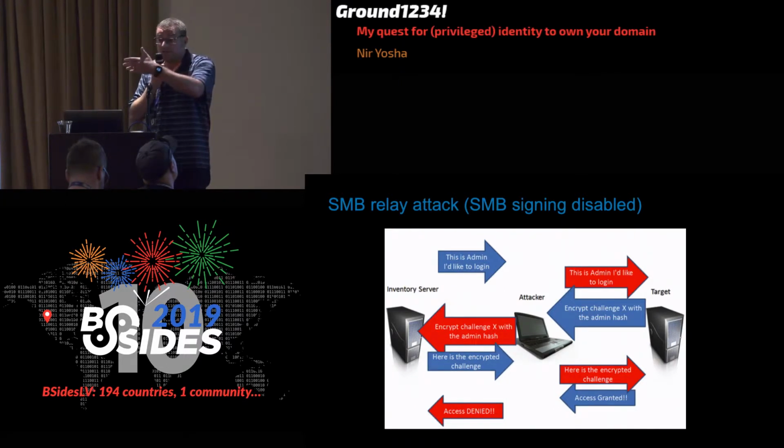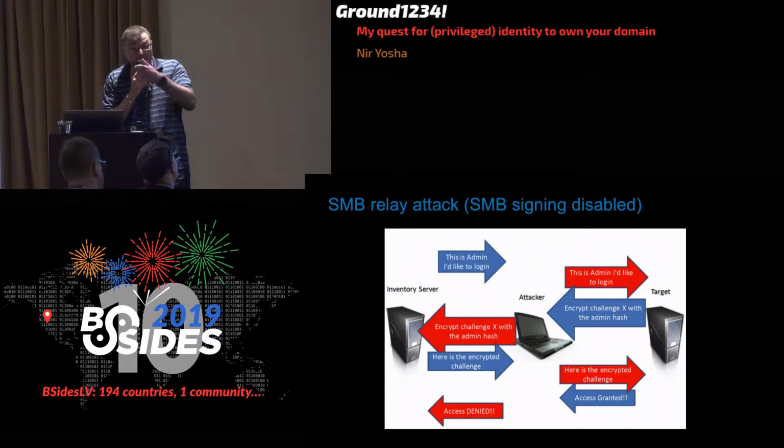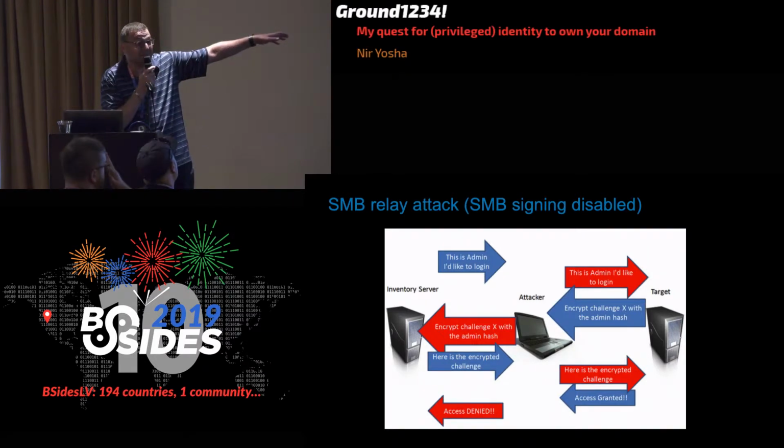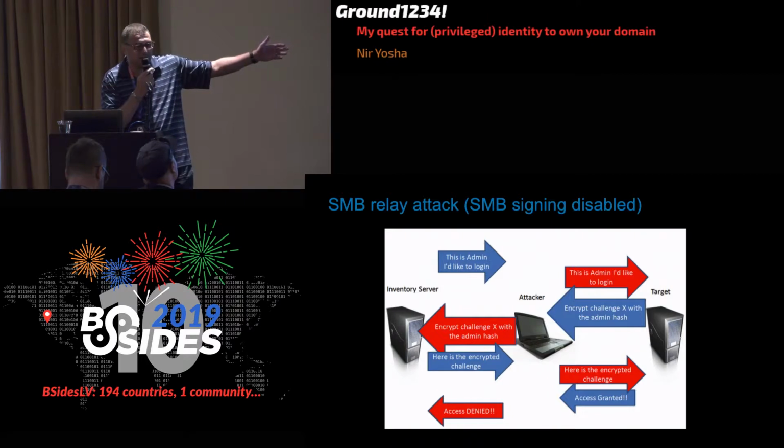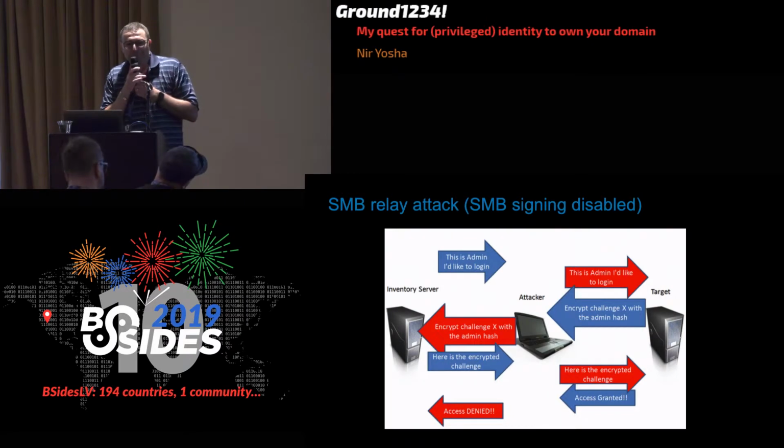And the target is like, okay, if you are who you claim you are, please encrypt my challenge. I take that request, forward it to the victim. The victim encrypts it. I forward it back to the target. The target is like, okay, you get access. And as always, what do I say to the victim? Bye, bye. So that's how it works.